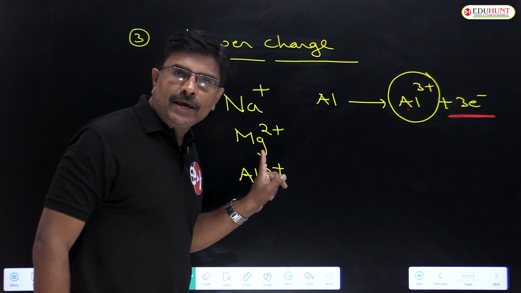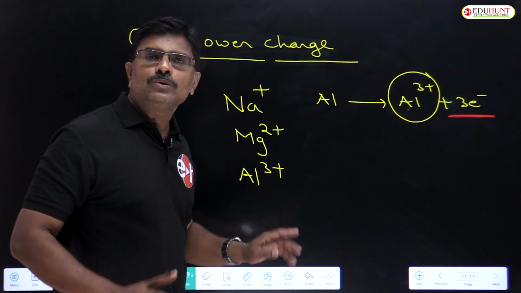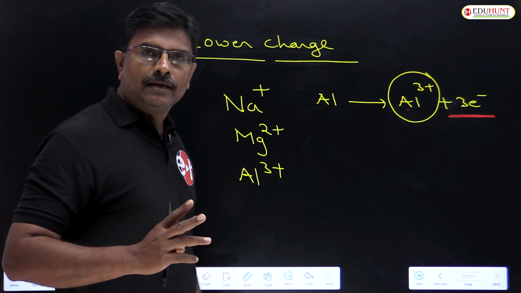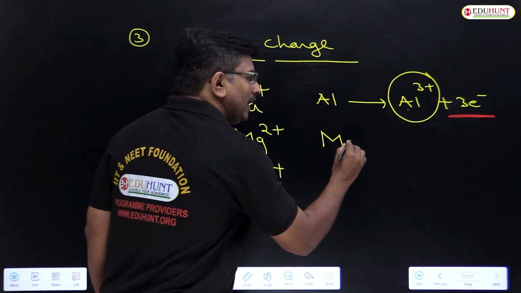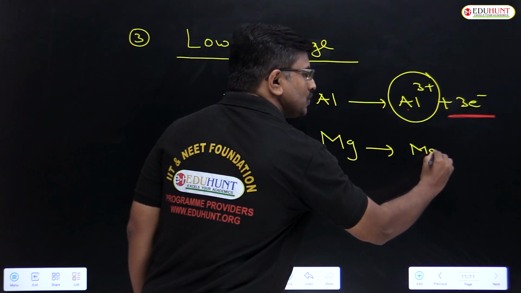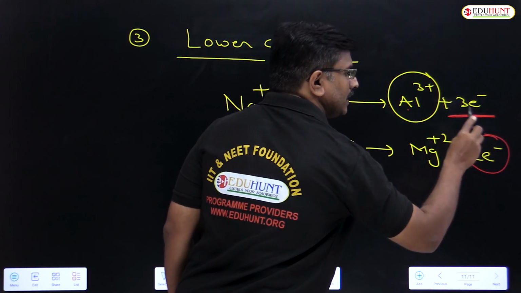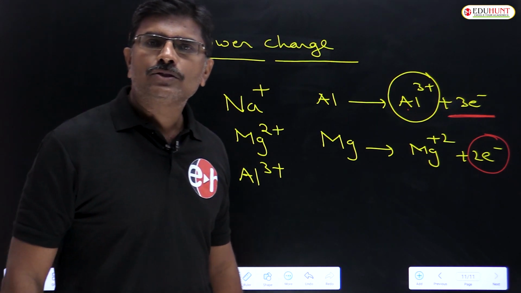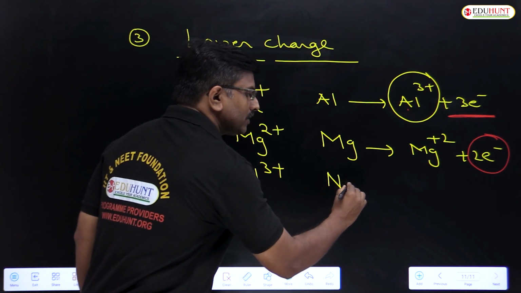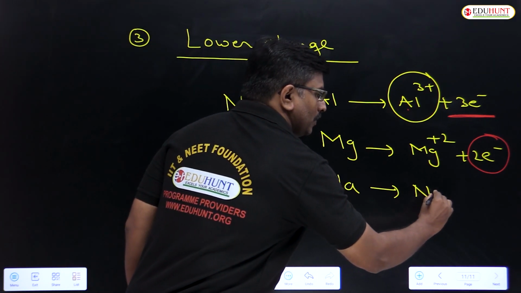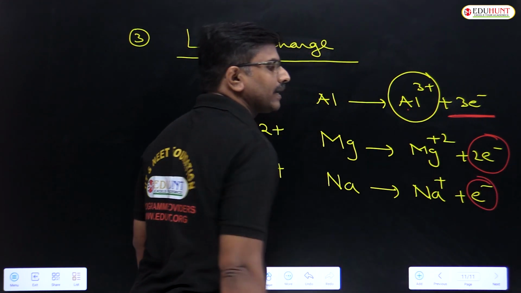Whereas for magnesium, the formation of the Mg2+ ion requires it to lose 2 electrons. For sodium to become an Na+ ion, it has to lose only 1 electron.